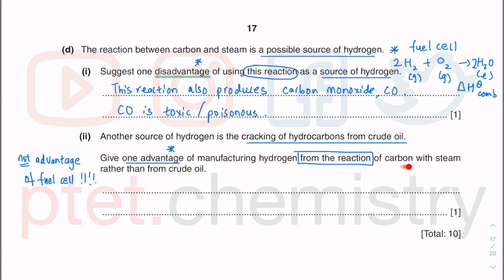Why is it good that we get it from the reaction of carbon with steam? Give one advantage of manufacturing hydrogen from this reaction of carbon with steam rather than from crude oil.